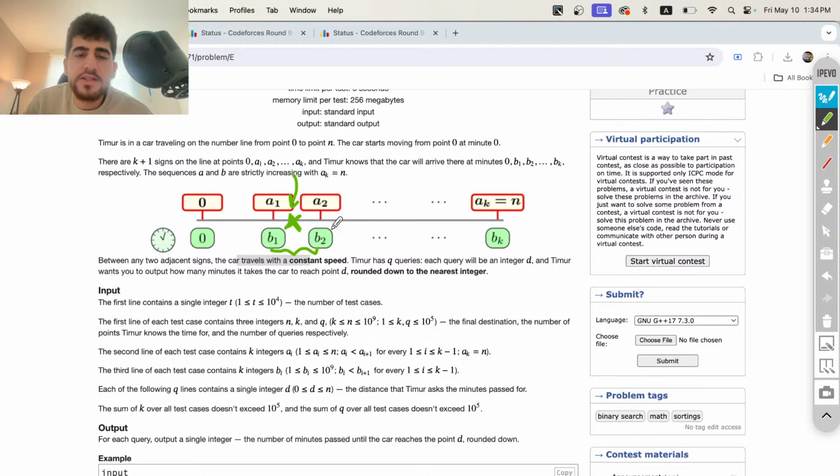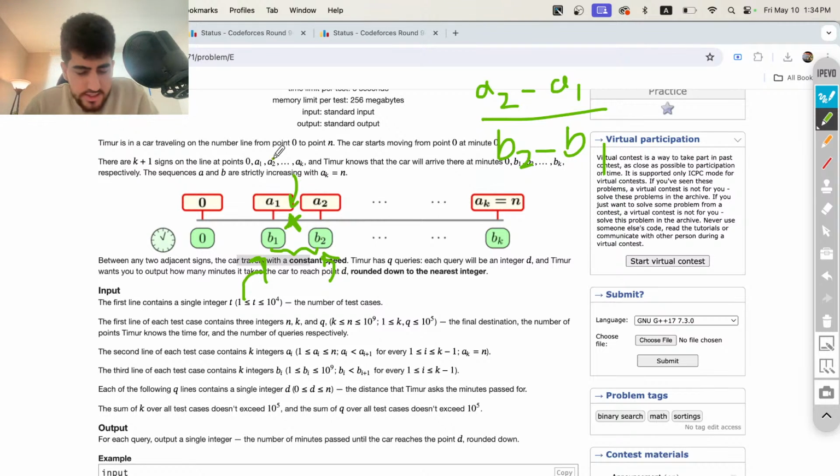The speed between these two signs is going to be A2 minus A1 over B2 minus B1. Because I know that the car is here at minute B2 and here at minute B1, and the position of this sign is A1 and the position of this sign is A2. So I need to see what my distance was and how long it took me to get there, right?